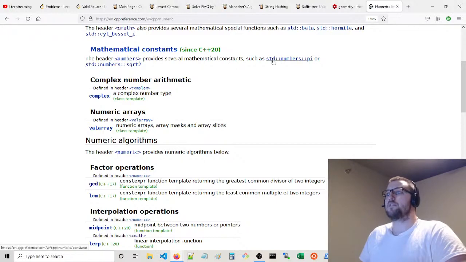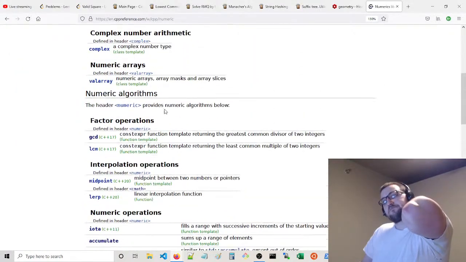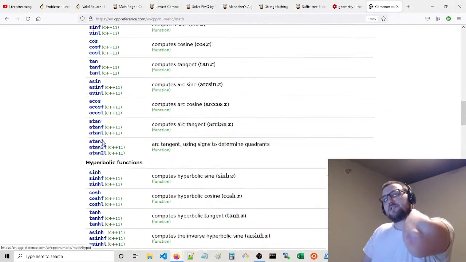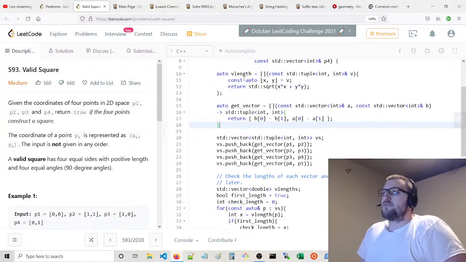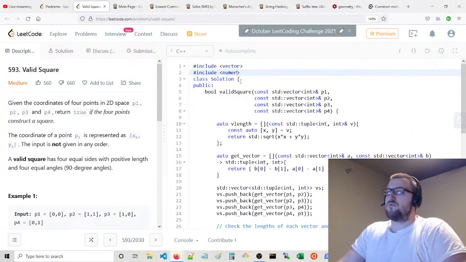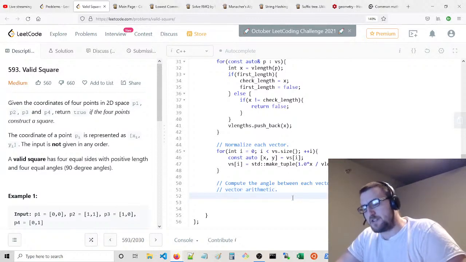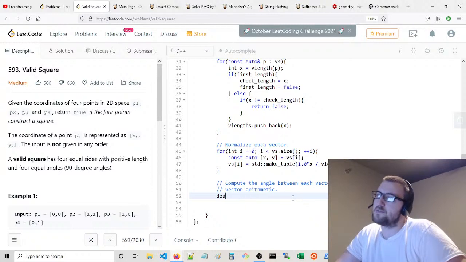Can use just numeric, I think. We want arc cosine. A cos, yeah. So we can say double dp is going to be standard inner product of, actually, oh, whoops, can't do it that way. Okay, that's fine.